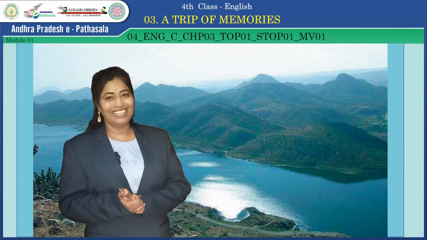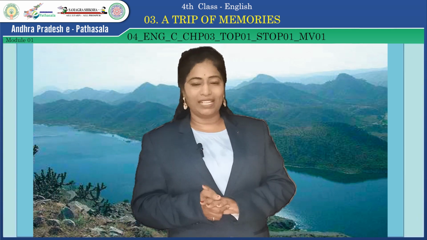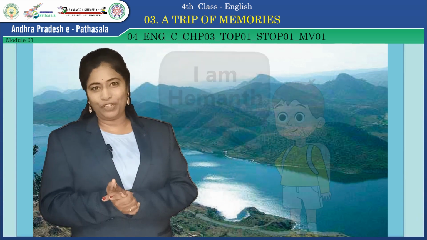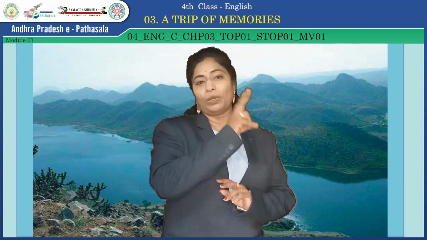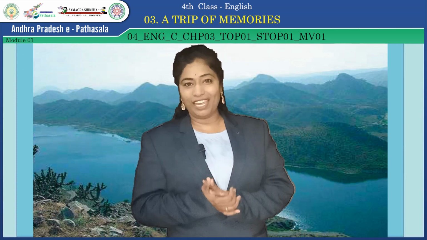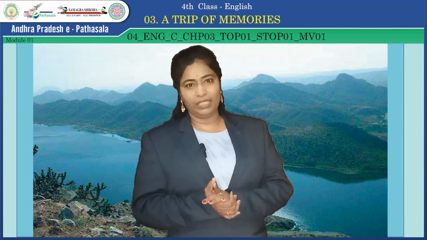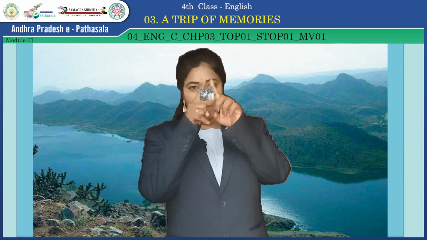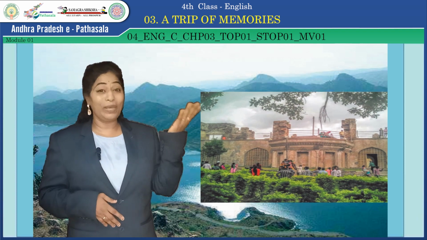It is Horsley Hills. So children, in today's class, we are going to see the joyful and exciting experiences of a little boy, Hemant, who went to a tourist place, Horsley Hills, along with his family. So children, before going to our story, let us observe this picture carefully and try to answer the questions.